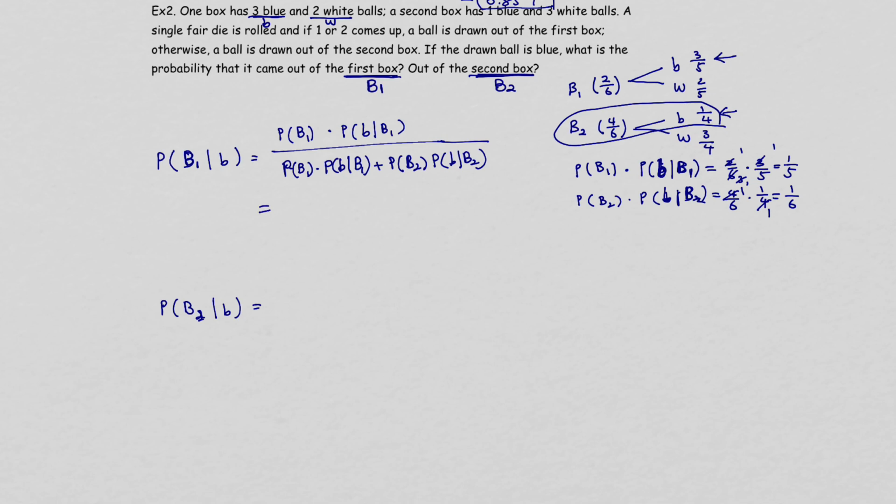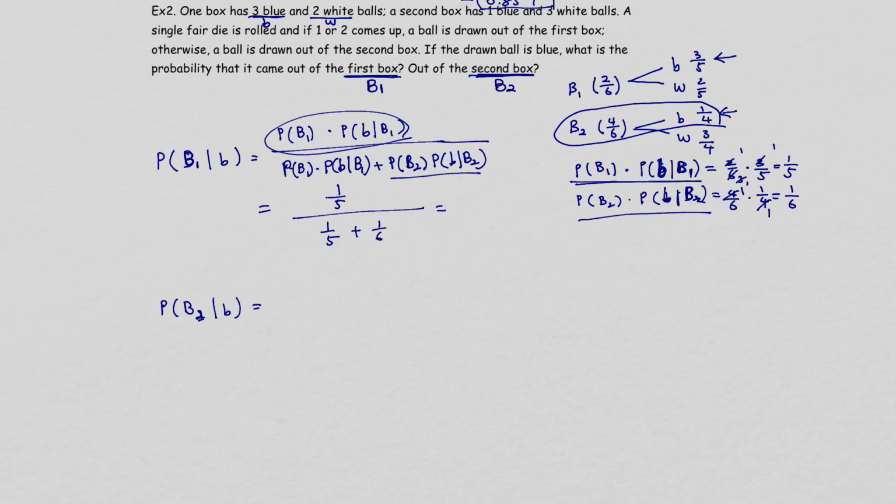And the numerator is what we figured out, which is 1 over 5. So 1 over 5 plus this is going to be 1 over 6.